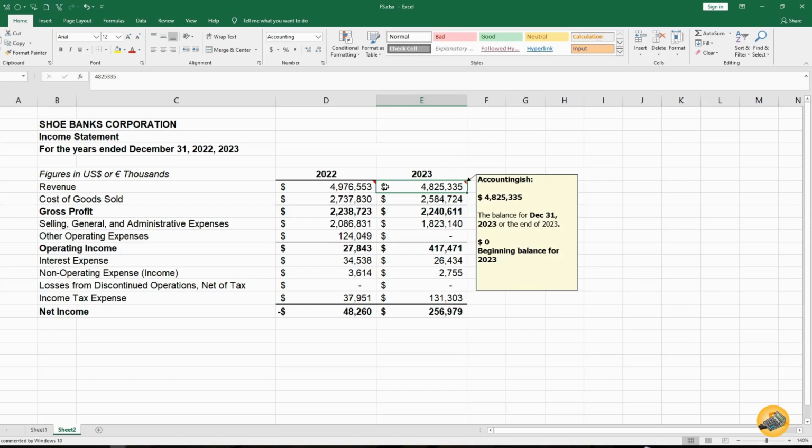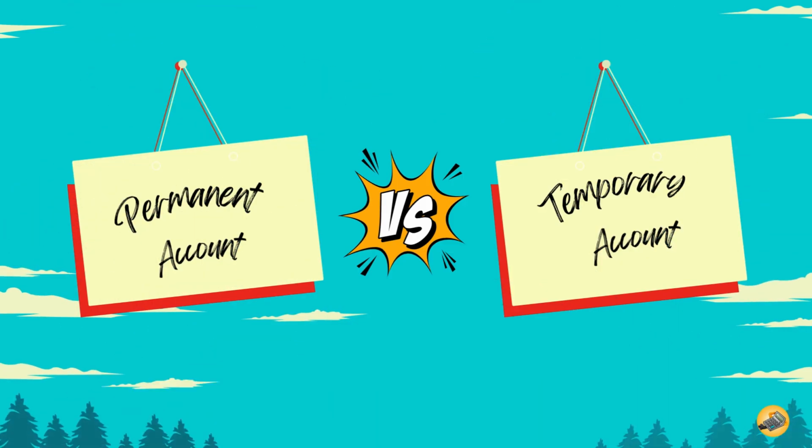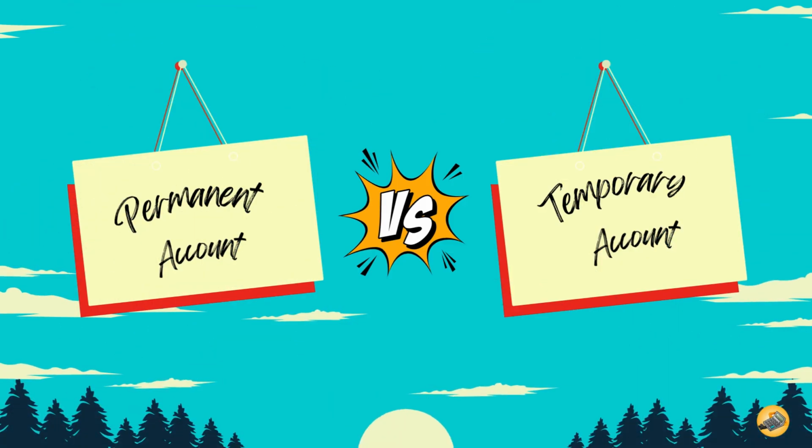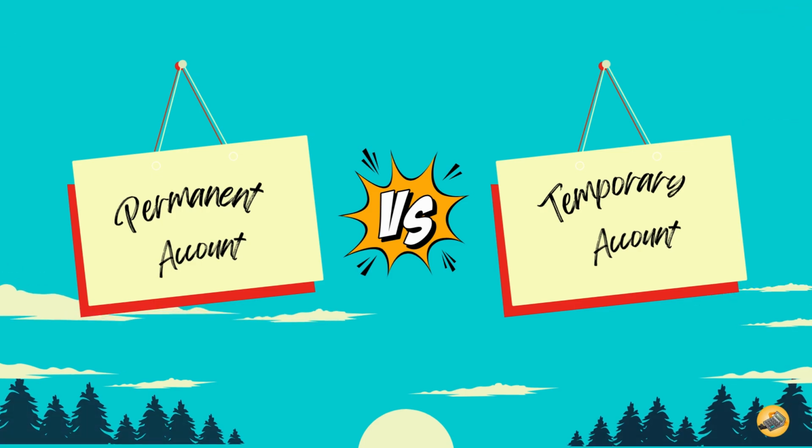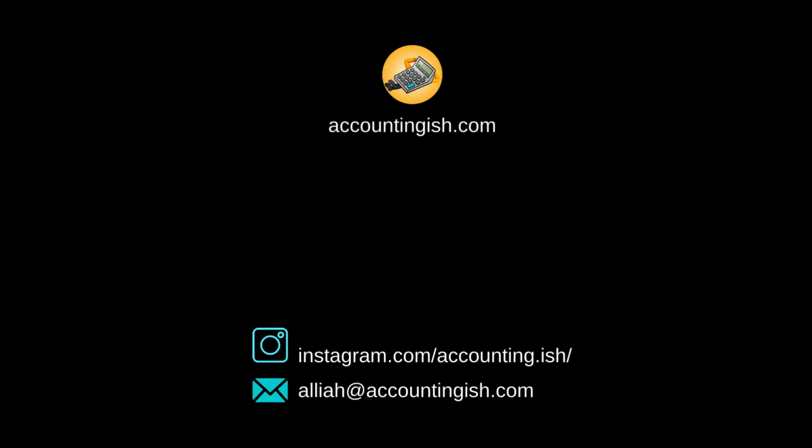The balance is only for the accounting period. Once you shift to the next accounting period, you're always going to start with 0. That's the difference between the permanent accounts and the temporary accounts. Until the next lessons.